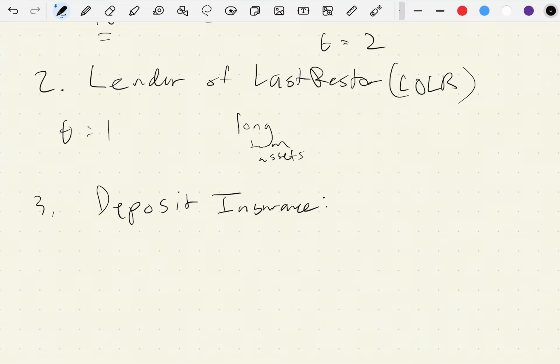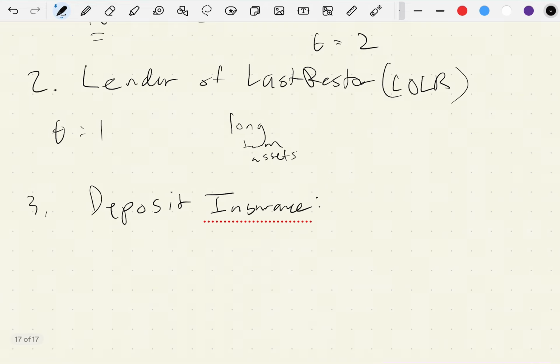And the last thing is deposit insurance. The most robust solution is government-backed deposit insurance. A credible government can guarantee to repay depositors in full, even if the bank fails.